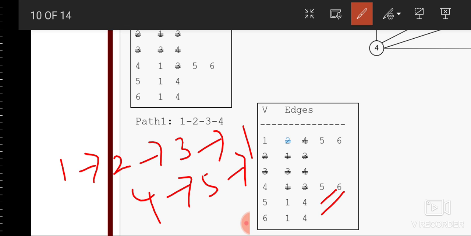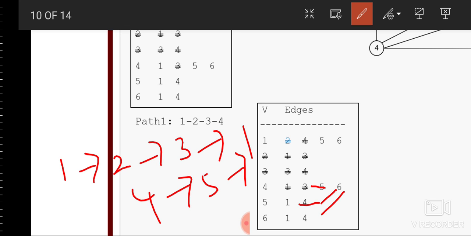So 4 to 5 is marked and 5 to 4 is marked. We have only one remaining edge, 1. So this is the path I get if I choose vertex 5: 1, 2, 3, 4, 5, 1. Here the edge 4 to 6 is not covered, so this is not a possible solution.